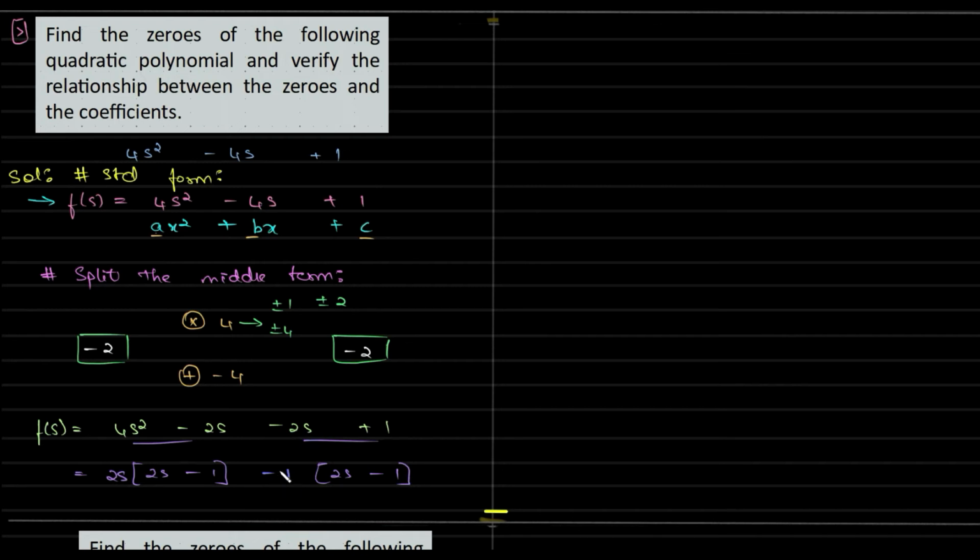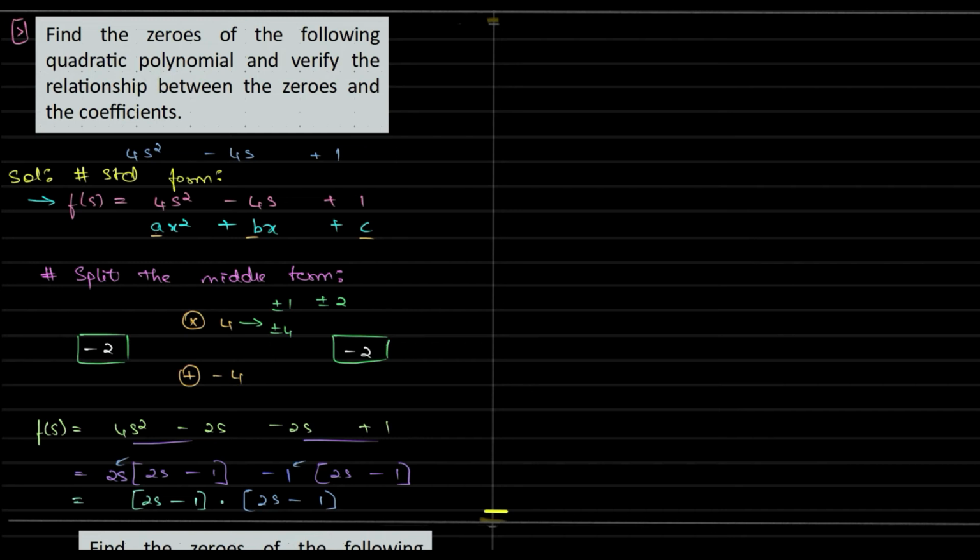So for that reason it needs to be minus 1 and nothing else. And again, between these two terms I have 2s common, and you're left with 2s minus 1, is it not? 2s minus 1.